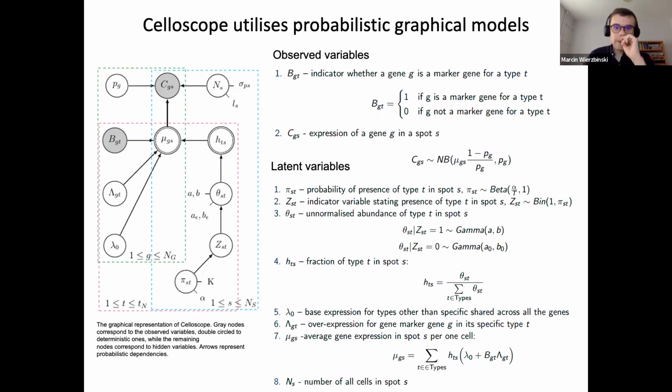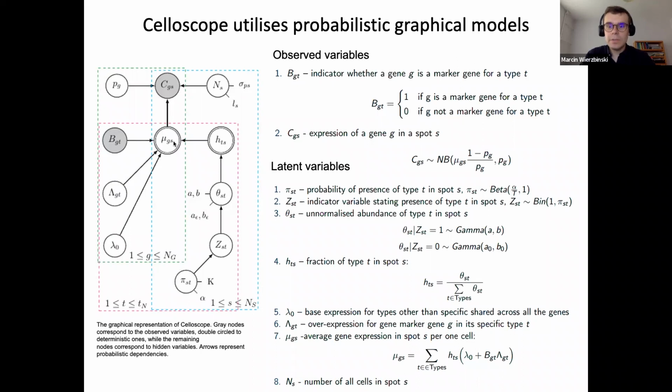This slide represents the graphical representation. Our graphical probabilistic model can be expressed as a graph with dependencies between variables, so a directed graph. Gray nodes correspond to the observed variables.